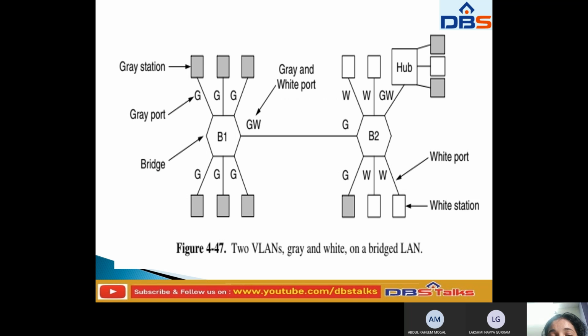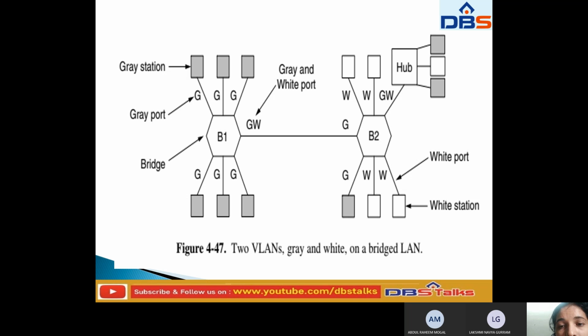This is the diagram of the virtual LANs, gray and white, on a bridged LAN. This is bridge B1 and bridge B2. Surrounding them we have the gray stations. This is the gray color. In the gray color we have the gray stations, and these lines are the ports of the gray, and this is the bridge of the gray. And we have hubs here.